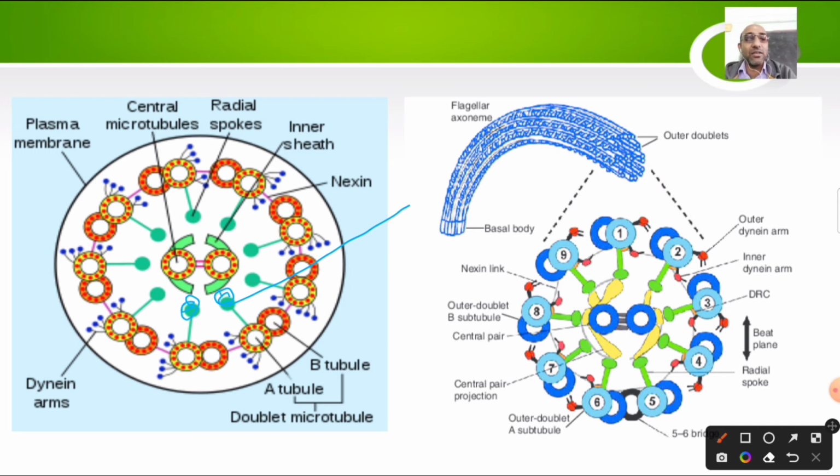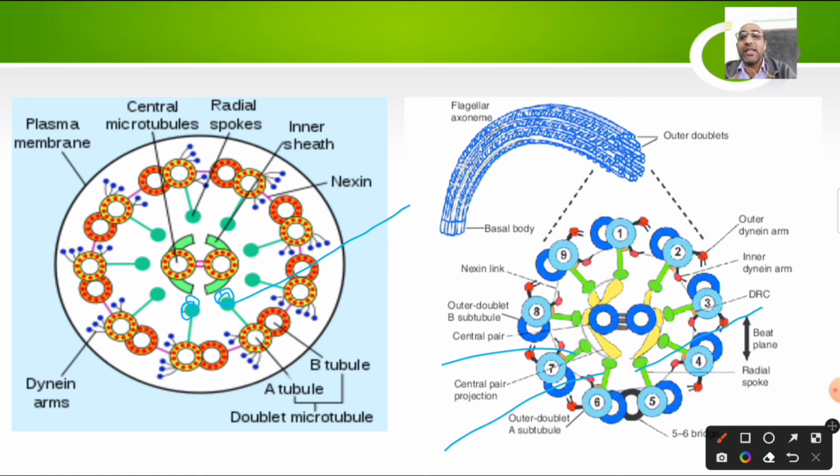As you can see in the second picture, this is the radial spoke, this is the radial spoke, this one is the radial spoke. These radial spokes join the A tubule to the singlet microtubule at the center.